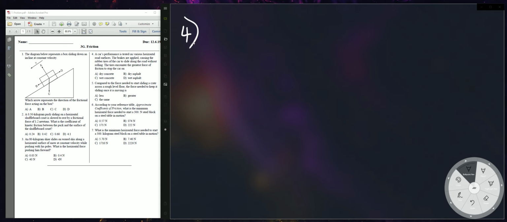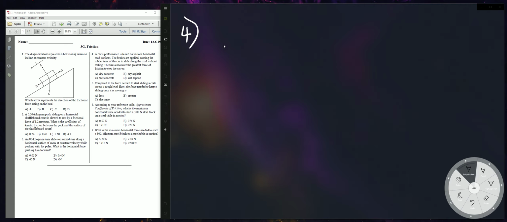A car's performance is tested on various horizontal road surfaces. The brakes are applied, causing the rubber tires of the car to slide along the road without rolling. The tires encounter the greatest force of friction to stop the car on what? So this is where you must use your reference table again. Alright, so how do I use it?